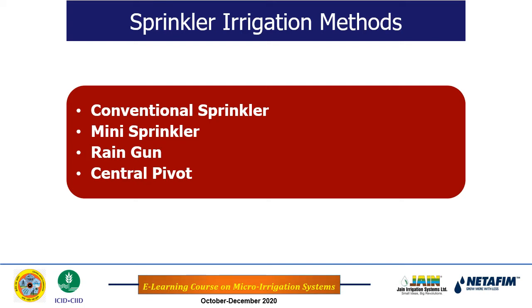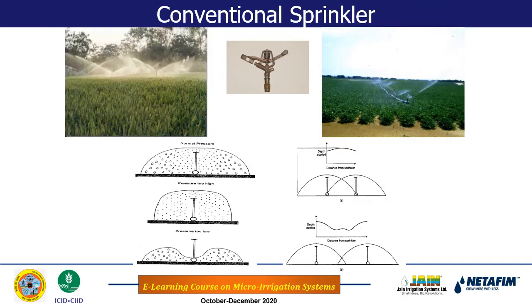So while water is sprinkled in the form of rainfall over the field, this water or droplets will fall over the land surface, and this will further be infiltrated into the soil. So if we have the proper combination of the sprinkler nozzles, spacing between sprinklers, then spacing between laterals, then it is possible that we irrigate the root zone of the crop efficiently.